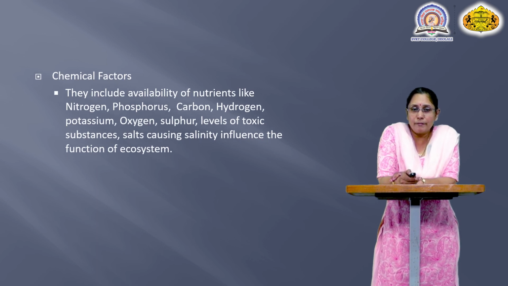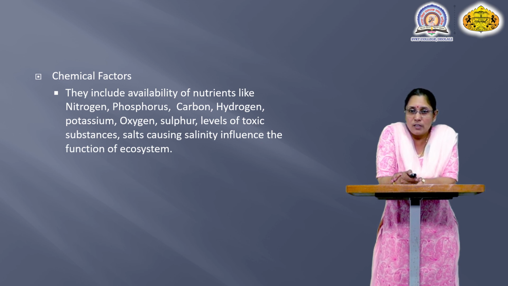Some chemical factors are also there, especially available in water and soil, such as potassium, oxygen, carbon dioxide, hydrogen, sulfur. Some toxic substances are also there. Then salts causing salinity also play an important role in all types of ecosystems. So these are the physical and chemical factors.